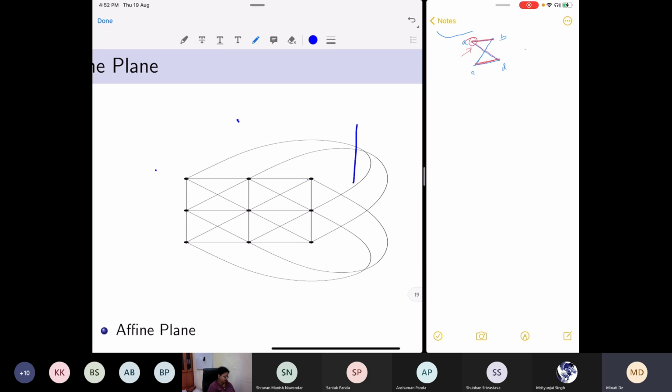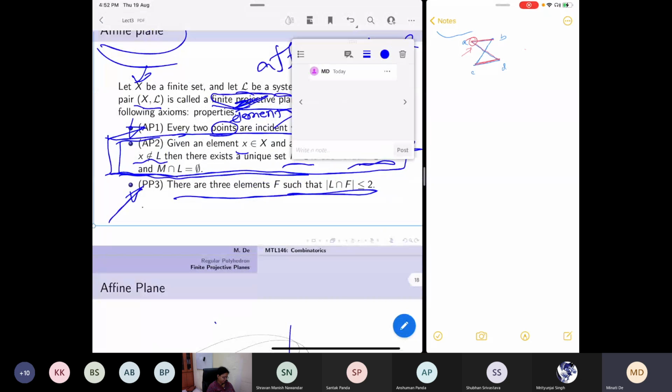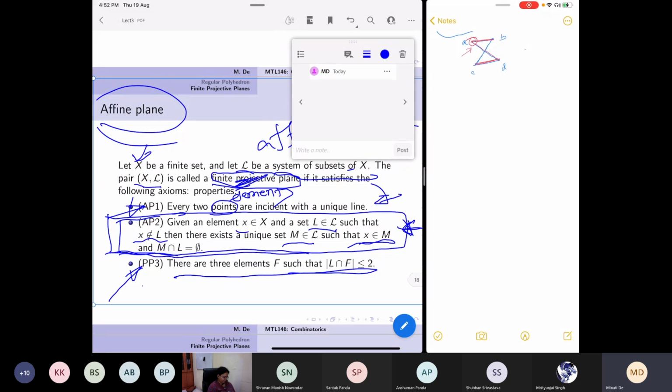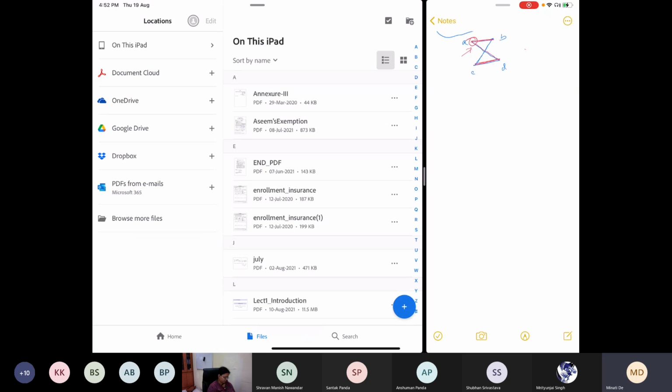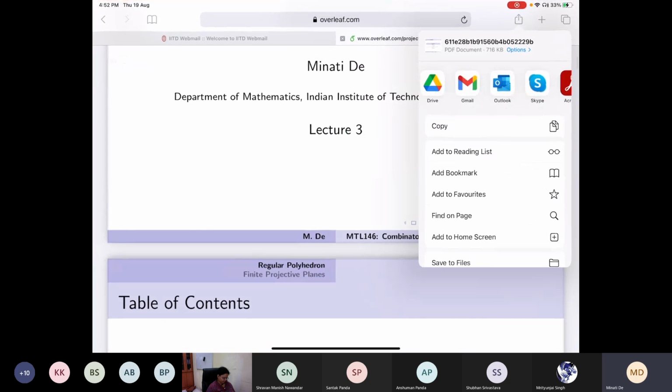F is there, right? We should have F over here. According to this definition, F is basically a set of points. I'm so sorry, I don't know how to do this. Something is wrong. I need to go back here.